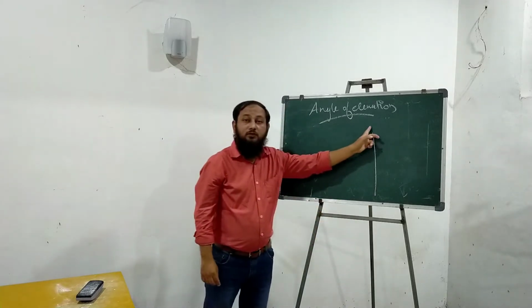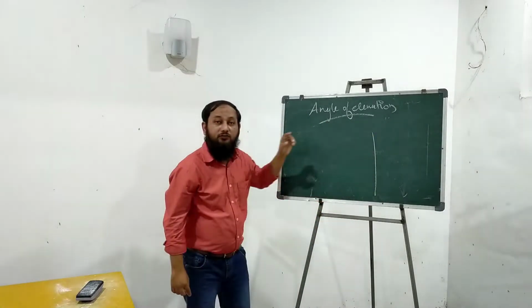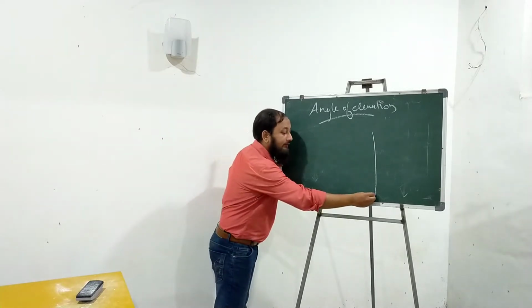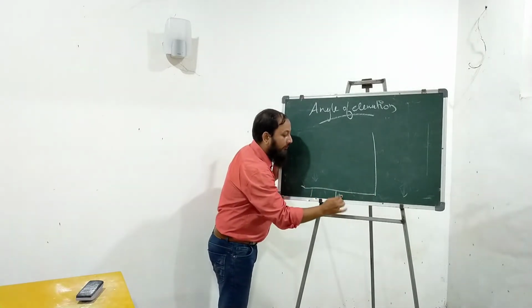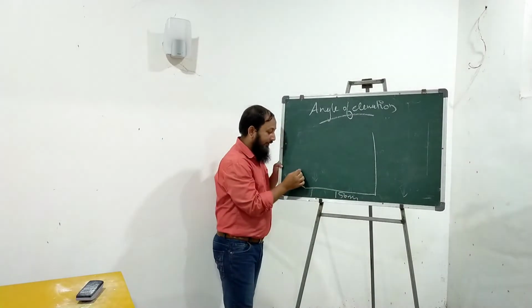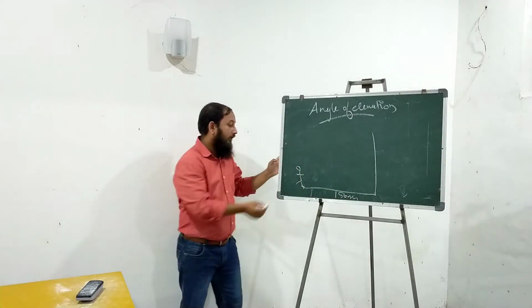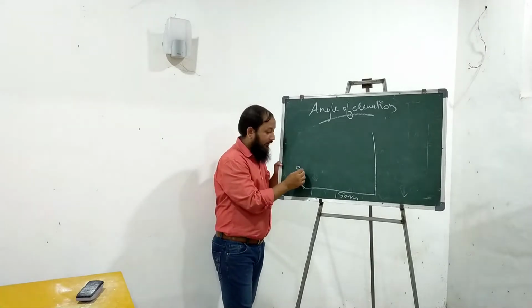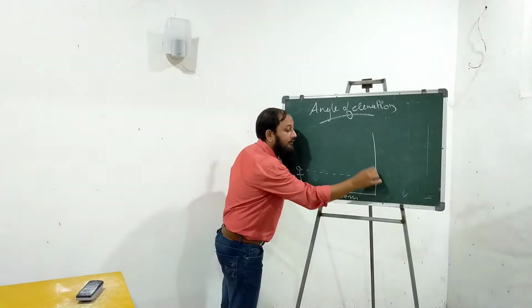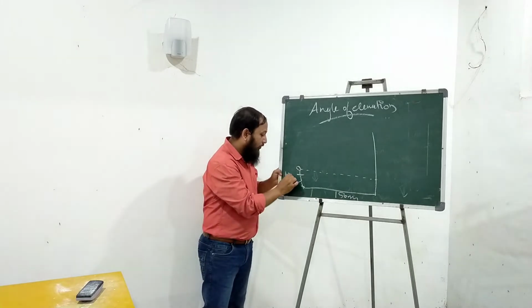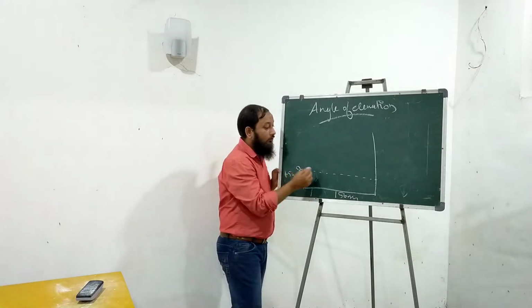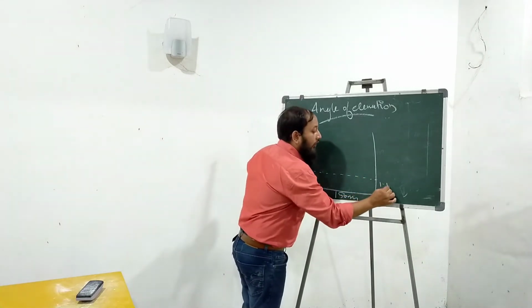Consider this is the huge building like Burj Khalifa, and a man is standing 150 meters apart from the building, and this is the person. If the man is 1.5 meters high, then his eye is 1.5 meters high here also.